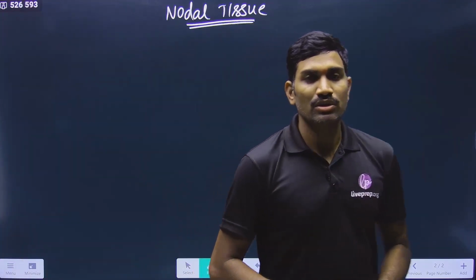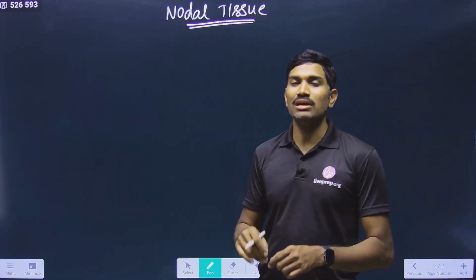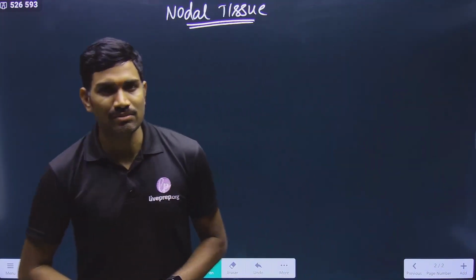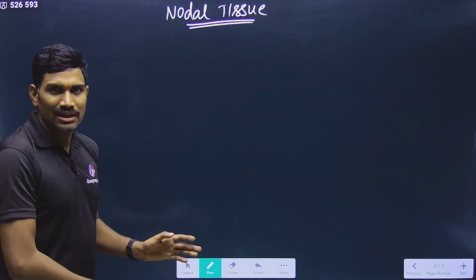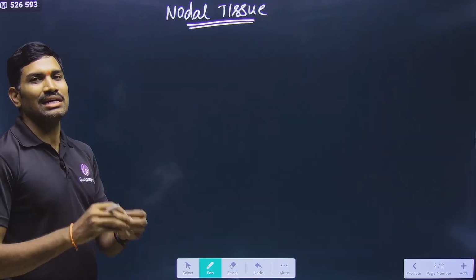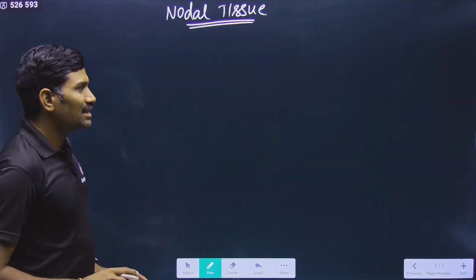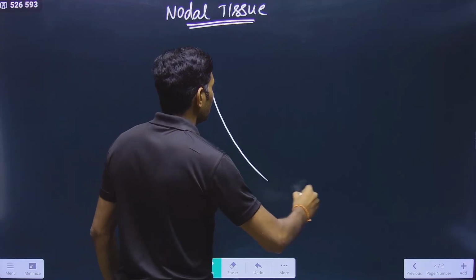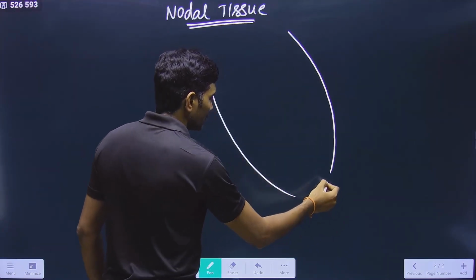Before directly going into this, first we need to understand the significant property of these cardiac muscles. See, the heart entirely has cardiac muscles. And now observe very carefully here. We are drawing a rough diagram for the nodal tissue.